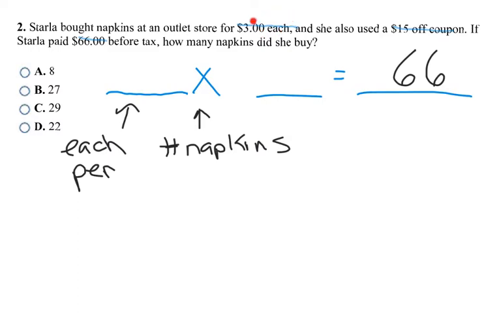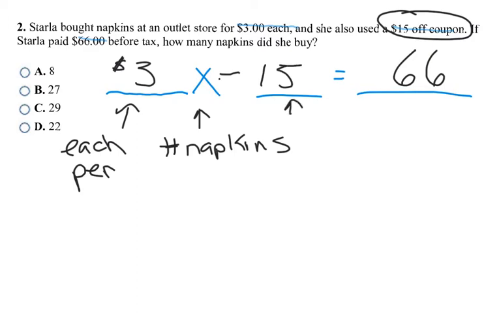And the number that I'm given with an each by it is $3. So that means I'm going to have $3 per the number of napkins, but she used a $15 off coupon. So she's going to subtract that from what she paid. So that means I'm going to have minus 15.